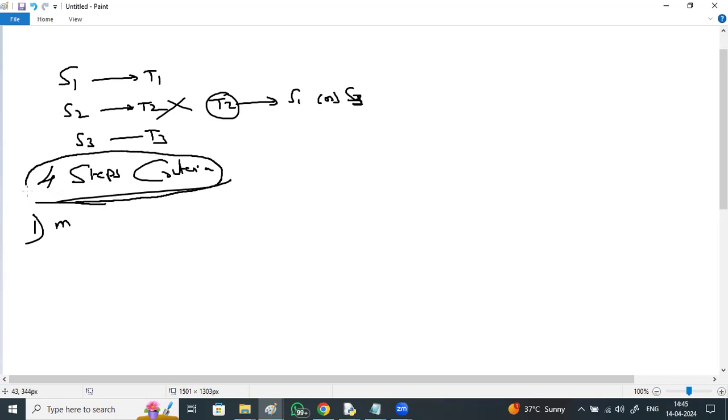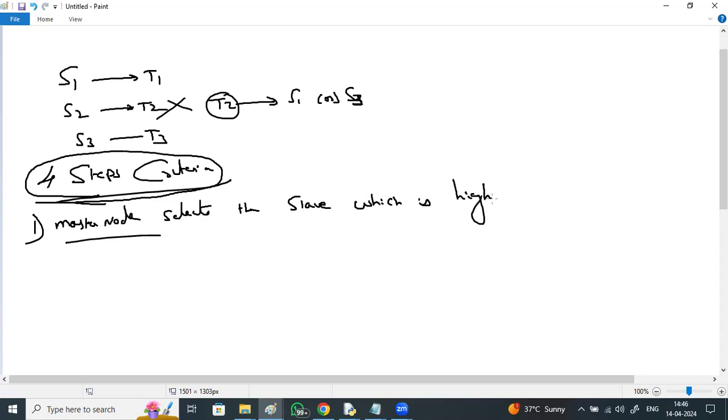First one, master node selects the slave which is highly configured.